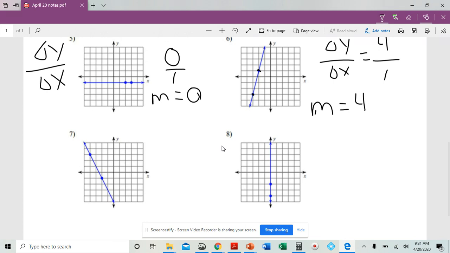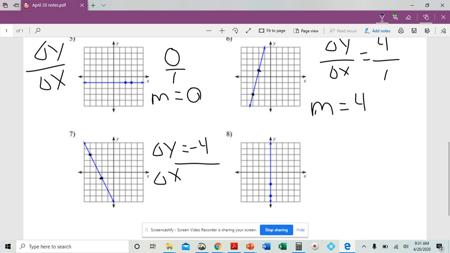Number 7. Okay, we're going to start over here on the left, and we're going to move to our right, just like when we're reading a book. So our change in y, from here to here, we are now going down. So we're going down 1, 2, 3, 4 units. So our change in y is -4, because it's going down 4 units.